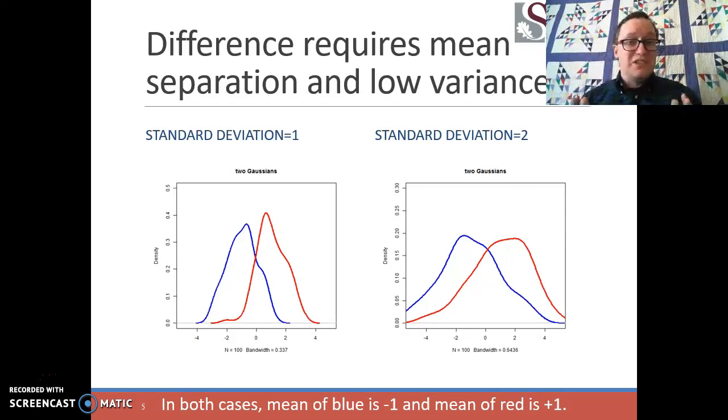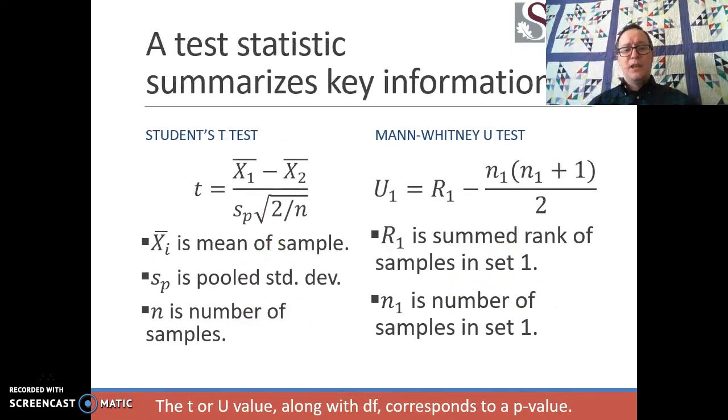The simplest answer is skinny or thick. So in this case, on the left, we have skinny distributions with a low standard deviation, and on the right, we have a thick distribution where the standard deviations are twice the size. So both of these, the difference between the means and the width of the distribution around the mean, play a role in our ability to find a difference between cohorts.